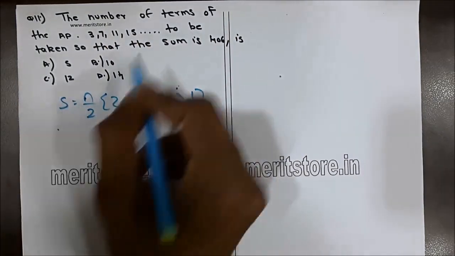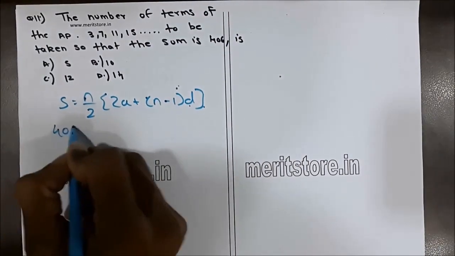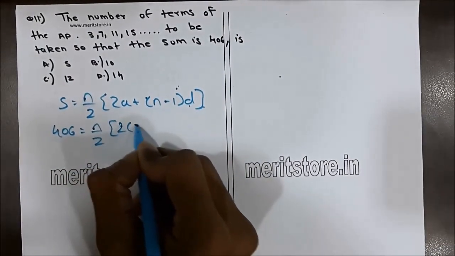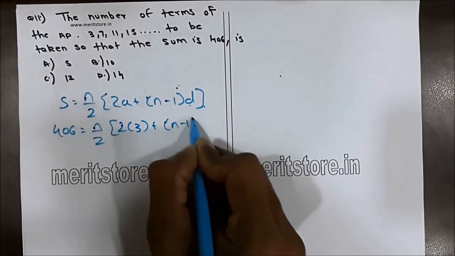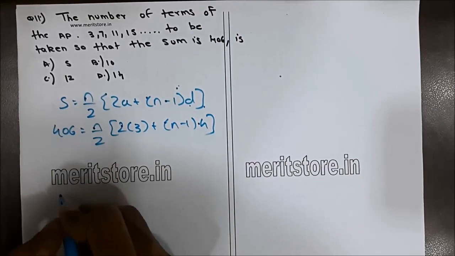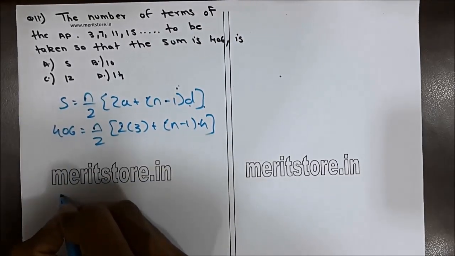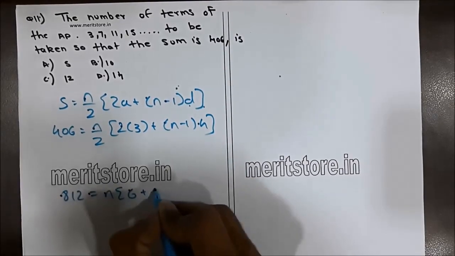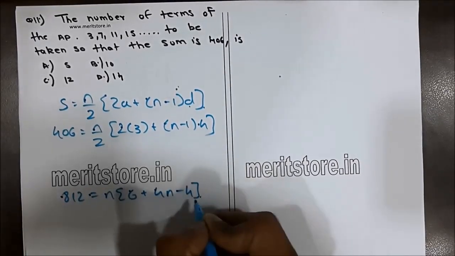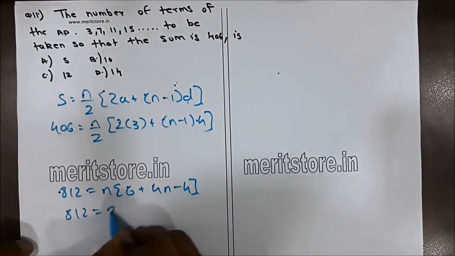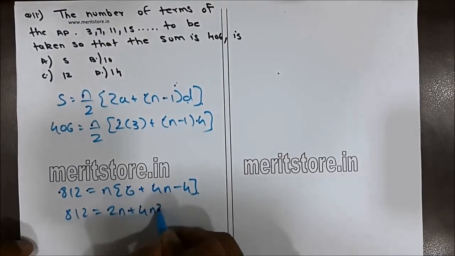So for S we have 406. So 406 is equal to n by 2 times (6 plus (n minus 1) times 4). We solve this, we take 2 over there, and we get 812 equals n times (6 plus 4n minus 4), which is 812 equals 2n plus 4n squared.